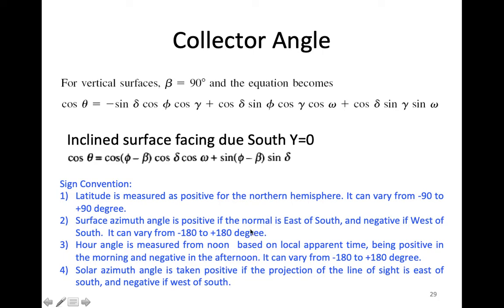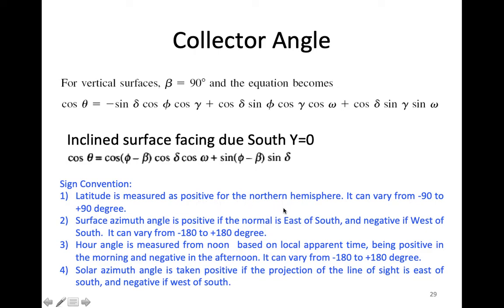For vertical surfaces, beta is equal to 90 degrees, and the equation becomes like this. For the inclined surface facing due south, gamma is equal to 0, and by substituting gamma equals 0 in the previous equation, we obtain this equation.